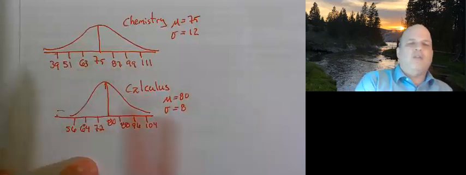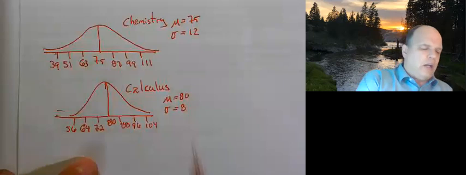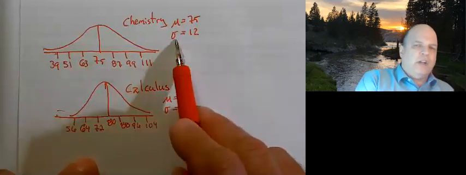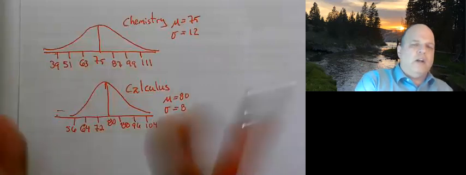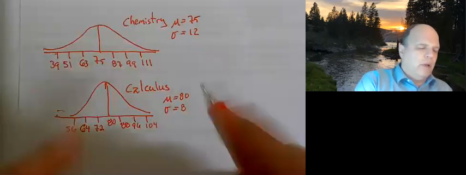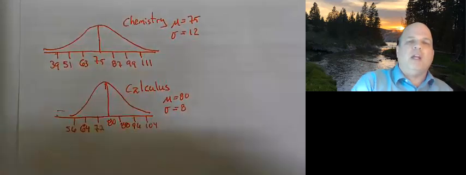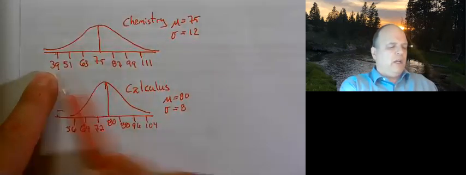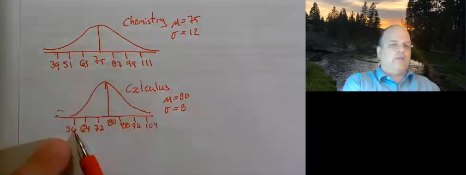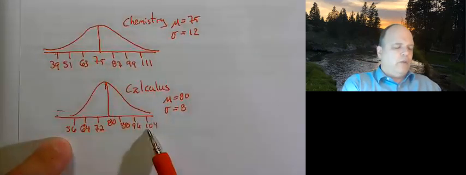So essentially the centers were shifted. Not only that, this had a standard deviation of 12, this had a standard deviation of 8. So the calculus had a narrower normal curve than the chemistry. The chemistry's data is more spread out. It ranged from 39 to 111, whereas the calculus ranged from 56 to 104.